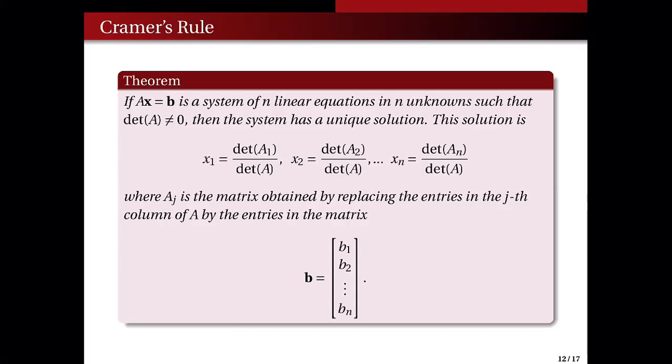So it's still an n by n matrix, and you can get the determinant of that. Notice this only works if the determinant of A is not equal to 0. The determinant of A is in the denominator of each of these solutions, so it cannot be 0. If the determinant of A is equal to 0, you cannot use this.